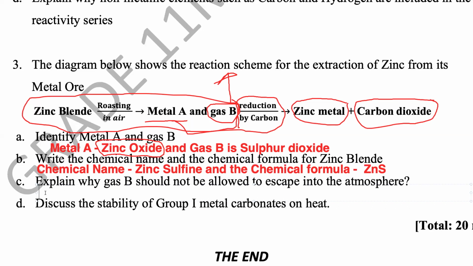It is when this gas reacts with water during condensation. So it is the sulfur dioxide, SO2, when it reacts with H2O, that's when sulfurous acid is produced. So it's not just the gas itself that produces.